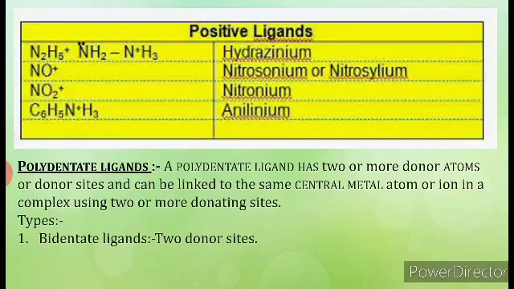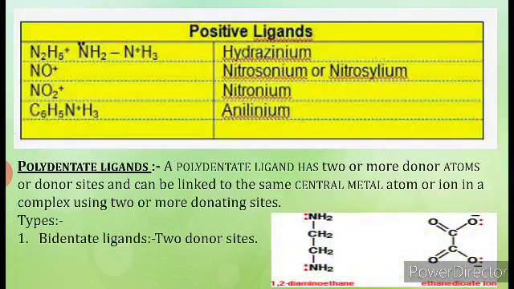For example, 1,2-diaminoethane, also known as ethylene diamine. The IUPAC name is 1,2-diaminoethane; the common name is ethylene diamine. Then the second is the ethanedioate ion, which is the IUPAC name. The common name is the oxalate ion.